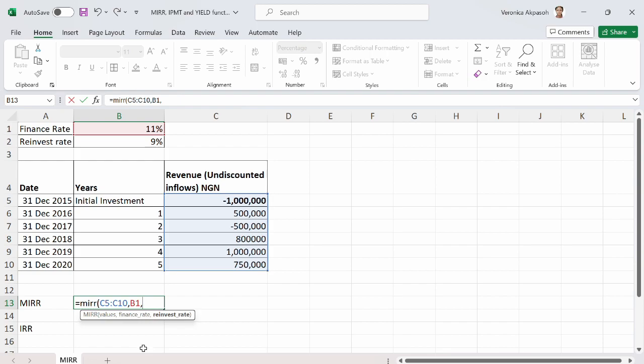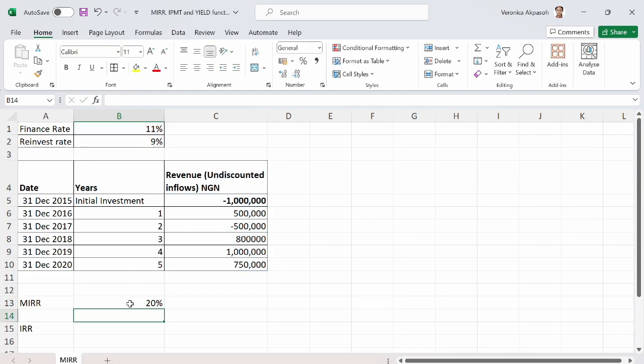You put the comma separator, and the next argument is the reinvest rate. The reinvest rate is the rate at which the inflows are reinvested back into the business. And then we close the bracket and press the enter button on the keyboard. This is what we have. So the MIRR for this investment is 20%. We will explain also what this means.